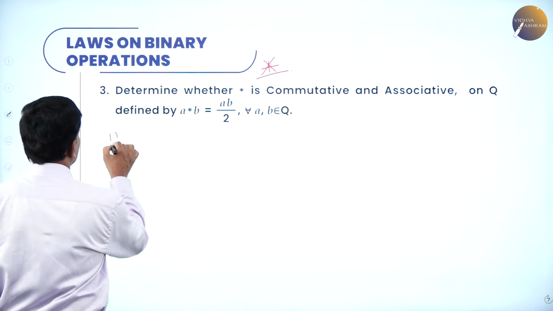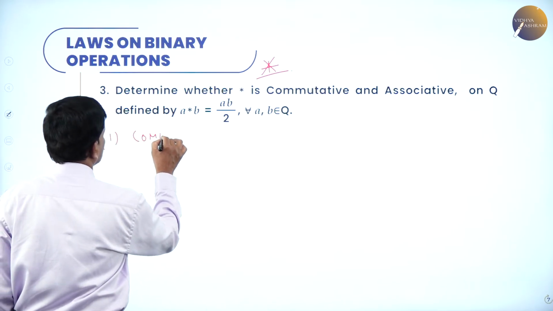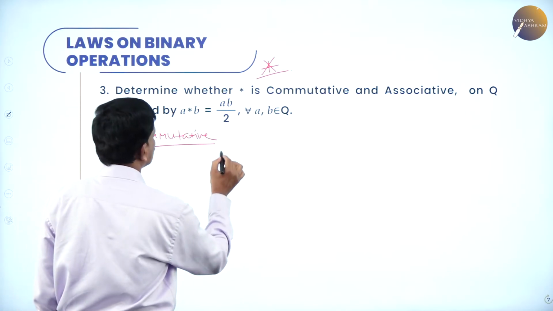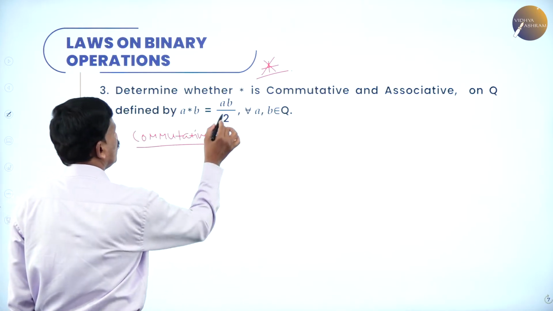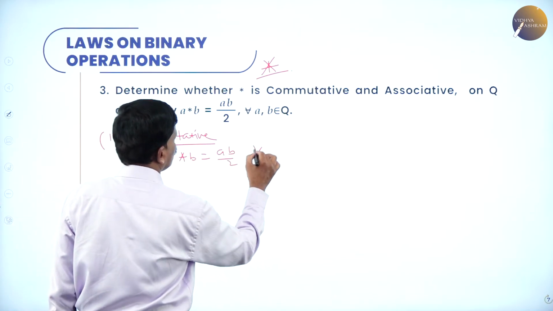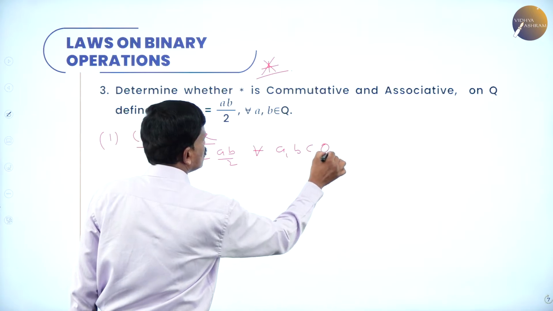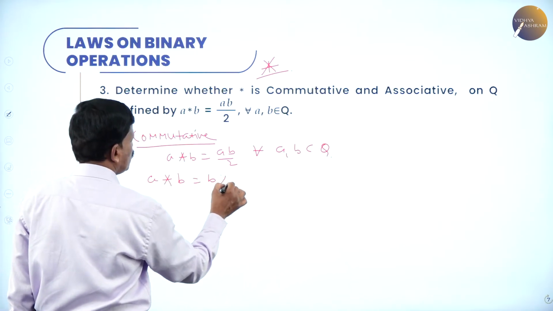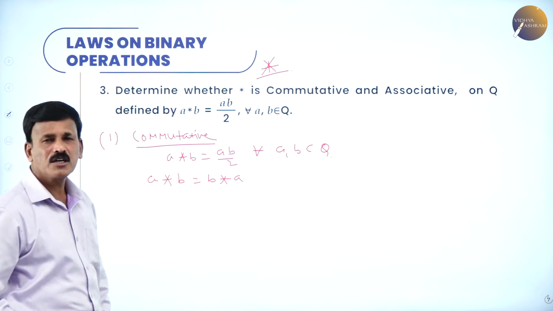Now, let us verify the commutative property. Commutative law. Now, what is given? Given A star B is equal to AB by 2 for all A, B belongs to Q. Now, what is the commutative property?